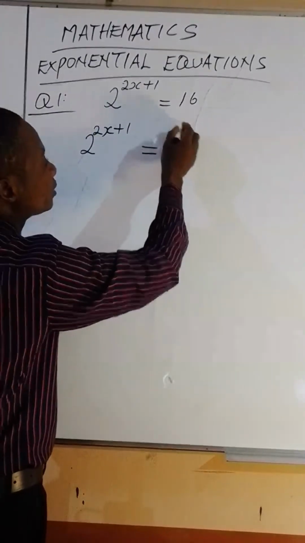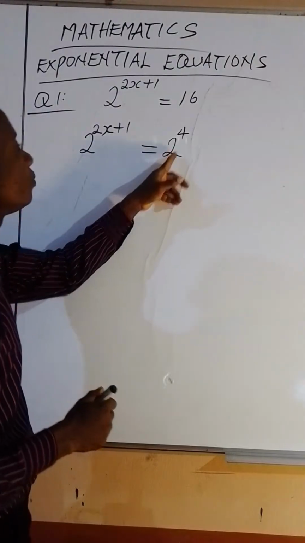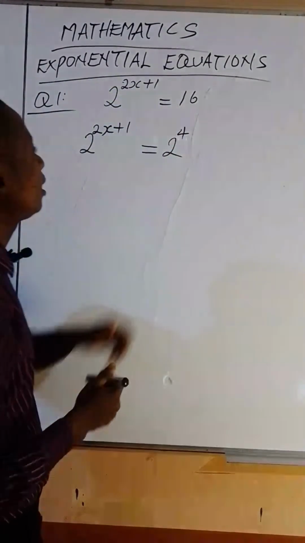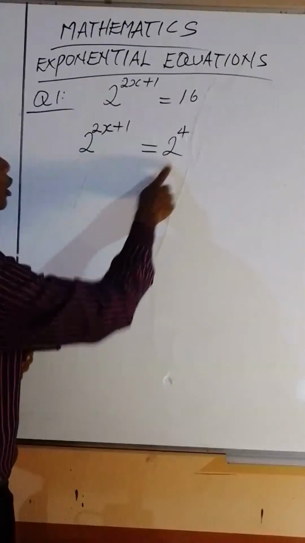And that number is 4, because if we multiply 2 four times, we are going to get 16. And since we have gotten this, we can let these 2 numbers go.